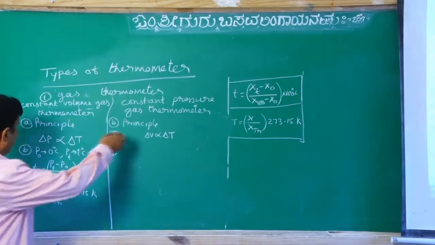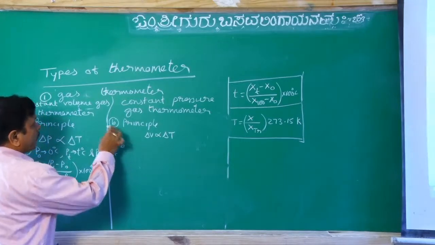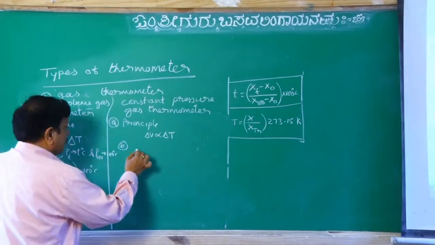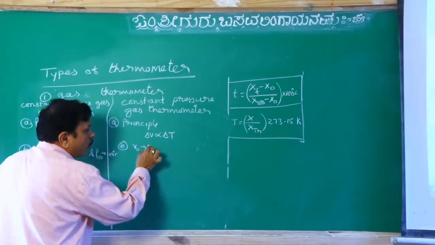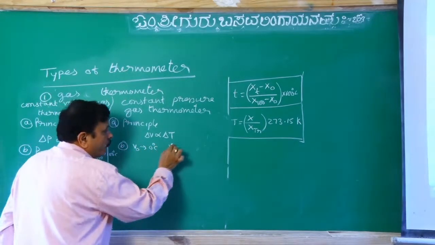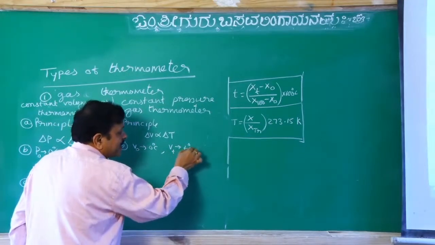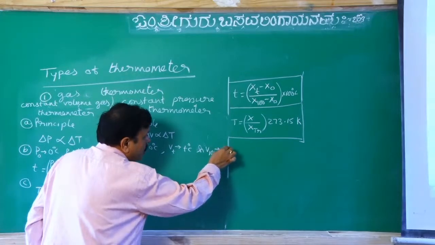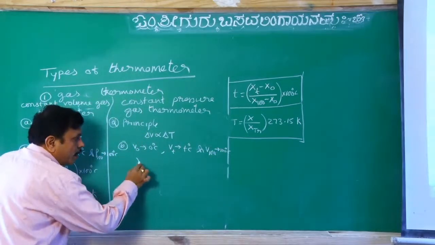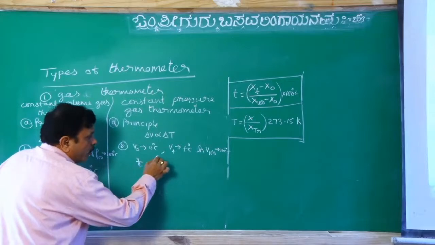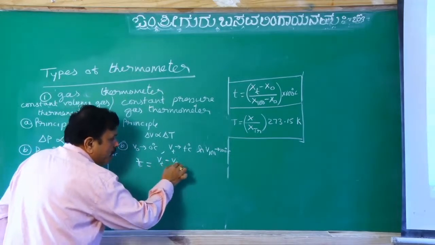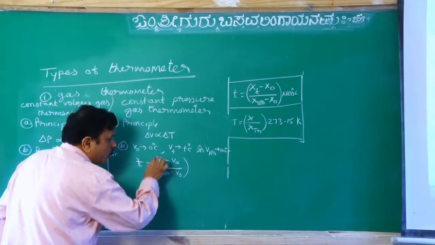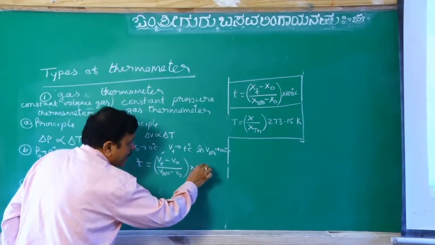Now, likewise for this one we can write that if V naught is the volume at 0 degrees Celsius, Vt is the volume at T degrees Celsius, and V100 is the volume at 100 degrees Celsius, then we get T equals Vt minus V naught divided by V100 minus V naught, into 100 degrees Celsius.